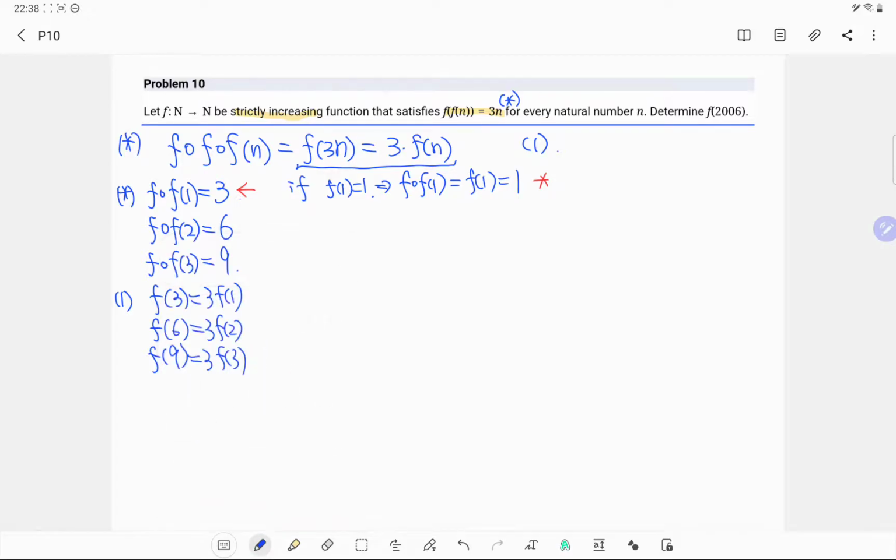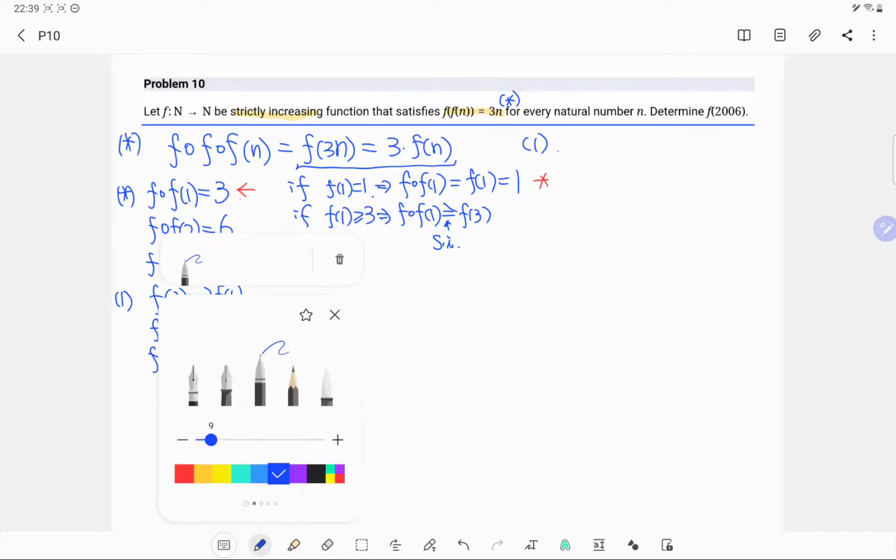And if f(1) is larger than or equal to 3, then f(1) should be larger than or equal to f(3), because f is strictly increasing.